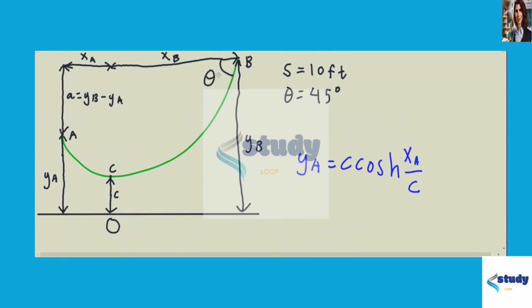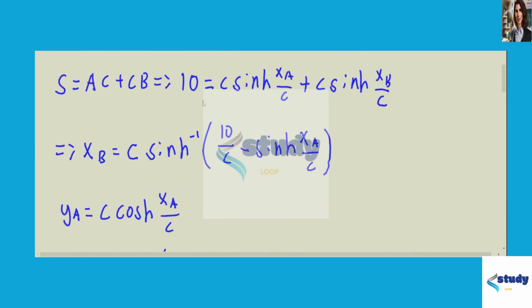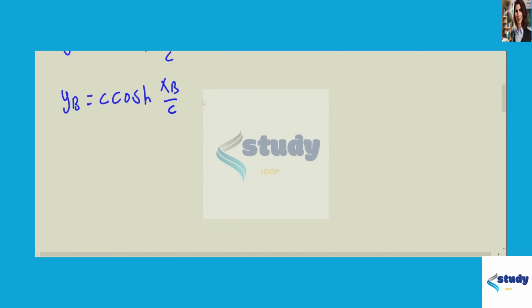And we notice that the tangent of this angle theta is going to be equal to this y of b minus y of a over this length x of a plus x of b. So we can then write that the tangent of theta is equal to y of b minus y of a divided by x of b plus x of a.